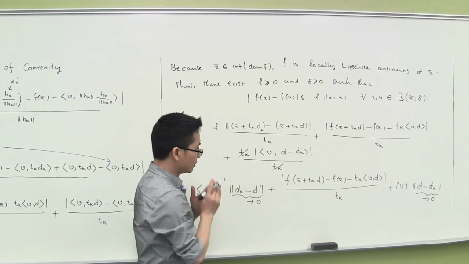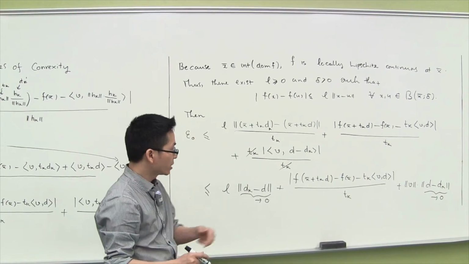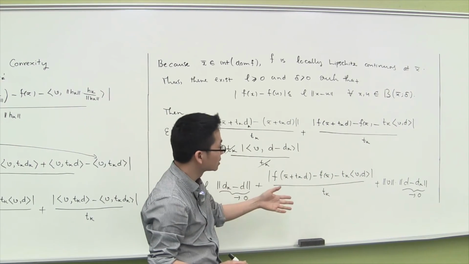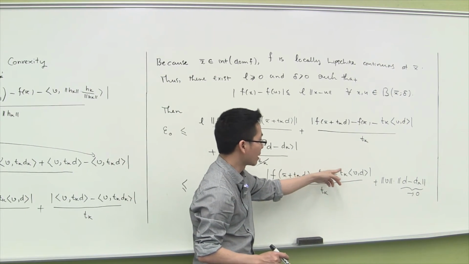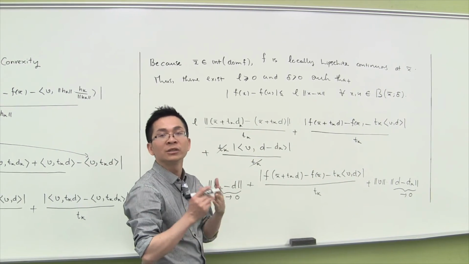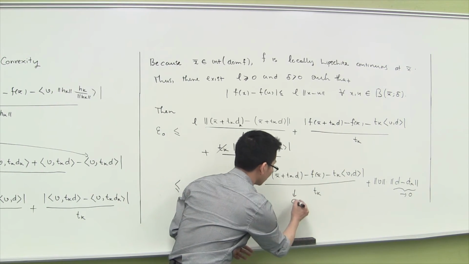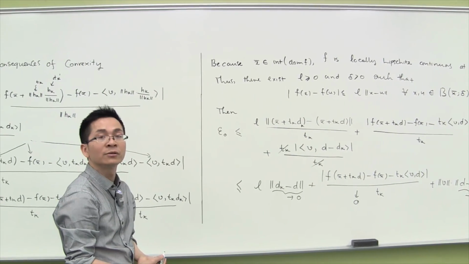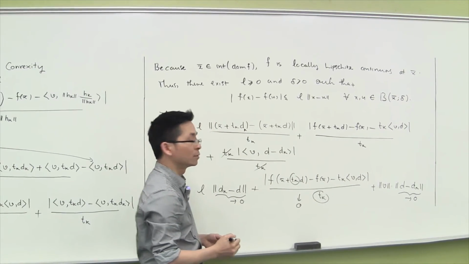Now, we use the fact that f is Gateaux differentiable at x bar with Gateaux derivative v. So for any sequence tk that converges to 0, f of x bar plus tk times d minus f of x bar minus tk times the inner product of v and d over tk converges to 0 as k approaches infinity. So this expression also converges to 0 as k converges to infinity because tk here converges to 0.